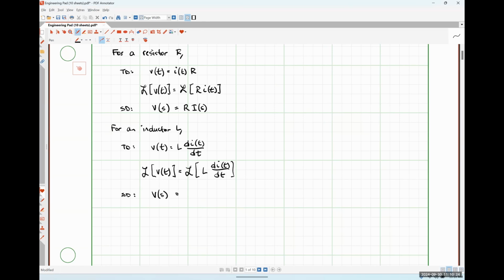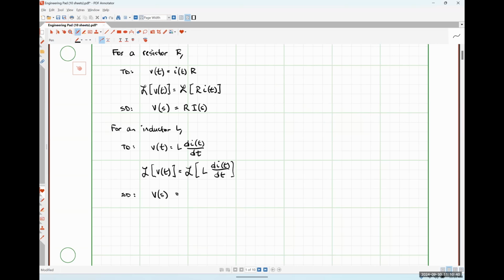If I'm remembering correctly, and there's every opportunity that I'm not, it should just be the Laplace transform of our current I multiplied by S, and then we subtract our initial condition.